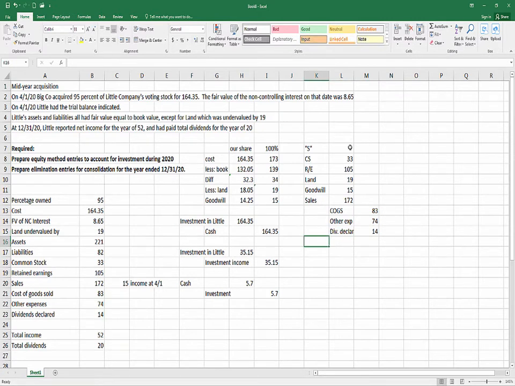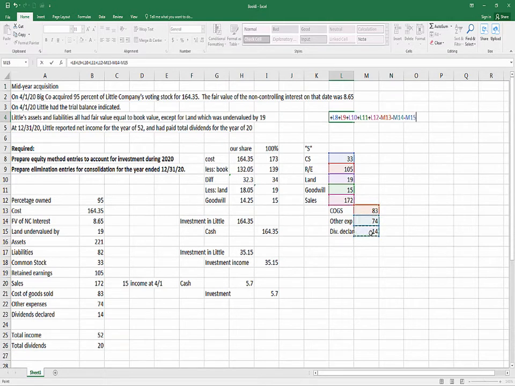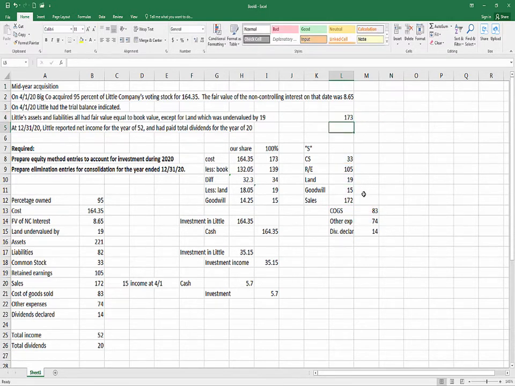Okay, so this total here, that is the date of acquisition value of the subsidiary, book value plus differential. Let's go ahead and add that up. So we got 33 plus 105 plus 19 plus 15 plus 172 minus 83 minus 74 minus 14. So 173, that's the same number as right there. And that's going to be split 95/5 between the parent's investment in Little.